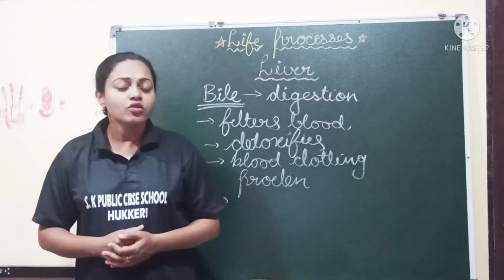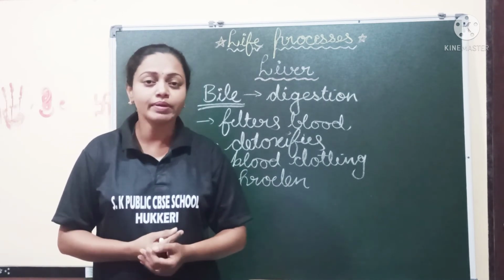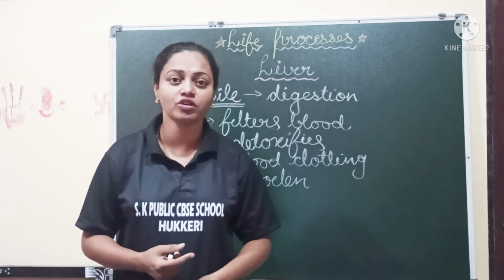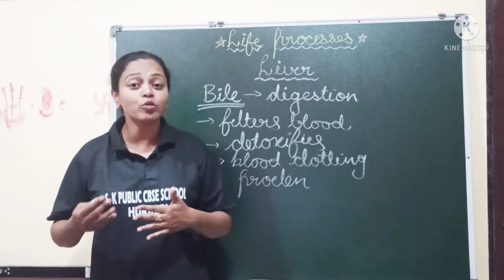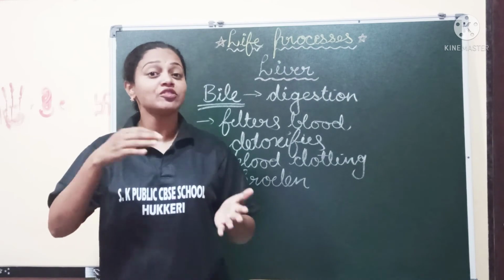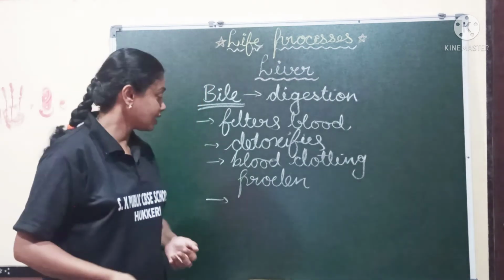Now, I can't say it is the last function of the liver, but one more important function is the conversion of harmful ammonia to urea, which takes place in the liver. You have to remember this.